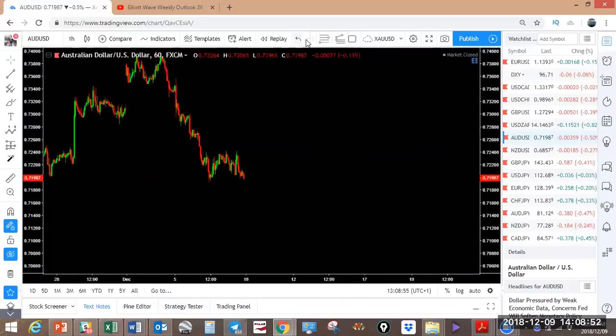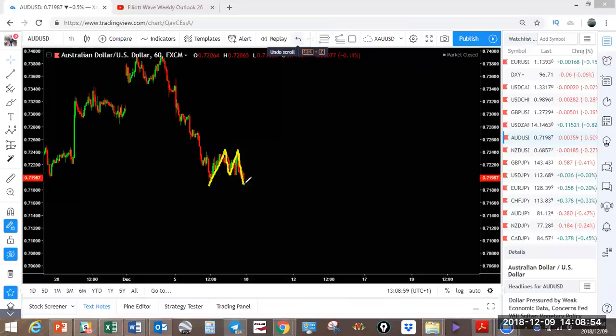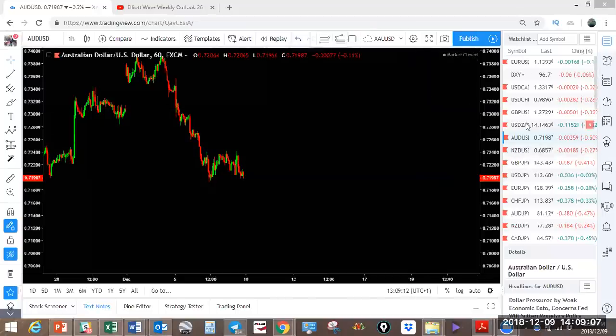So you've got to move up. 1, 2, 3. We'll expect continuation to the downside. So don't rush it, wait for it to give you a nice entry point. Right, that's Audi US dollar.